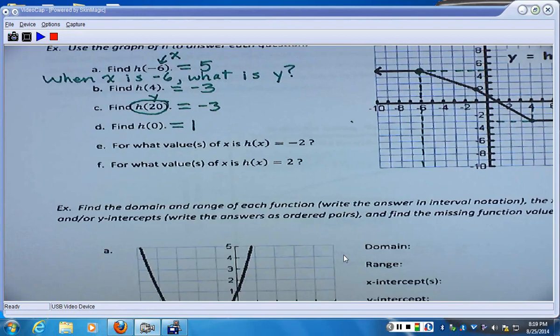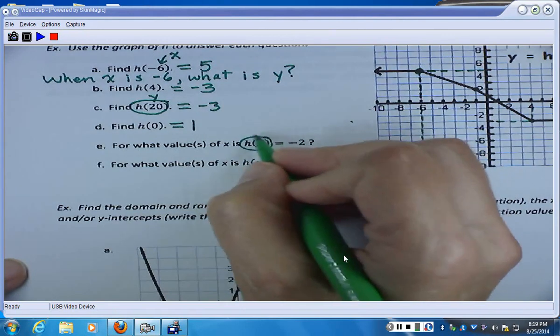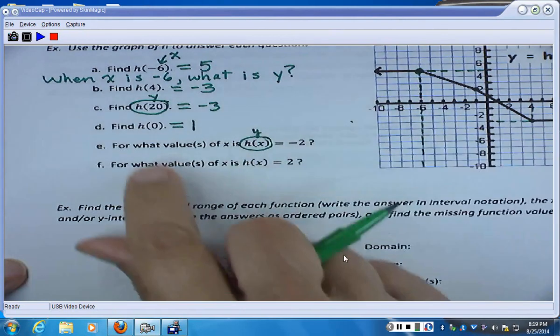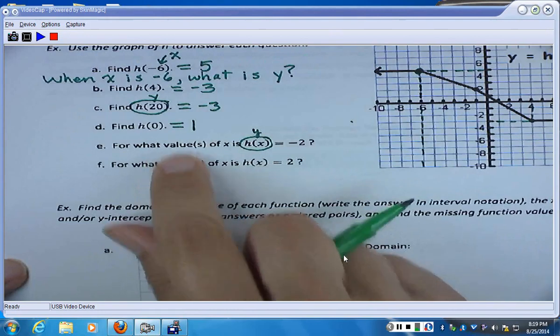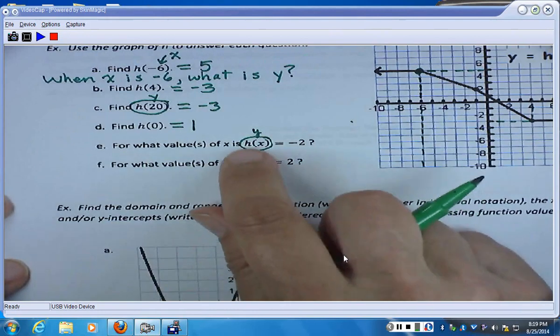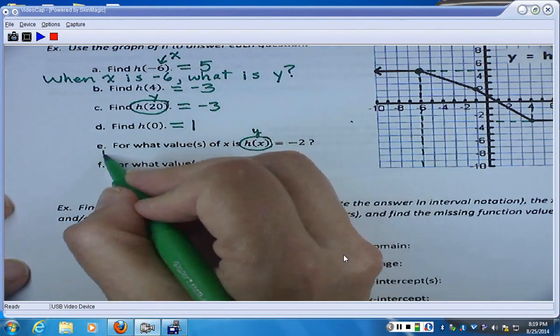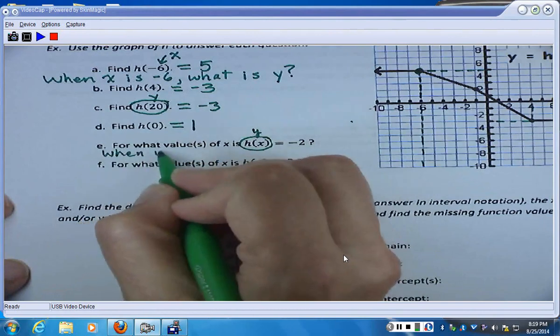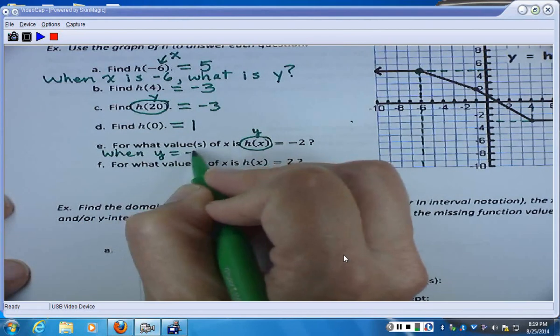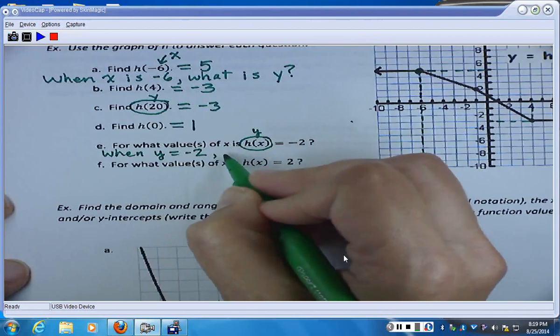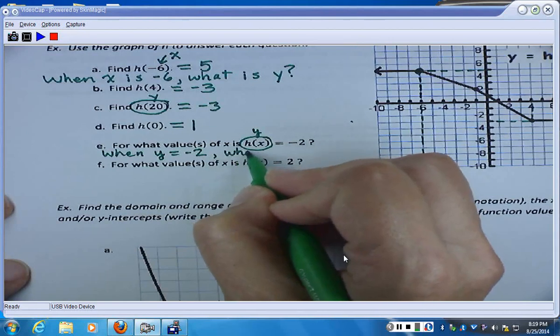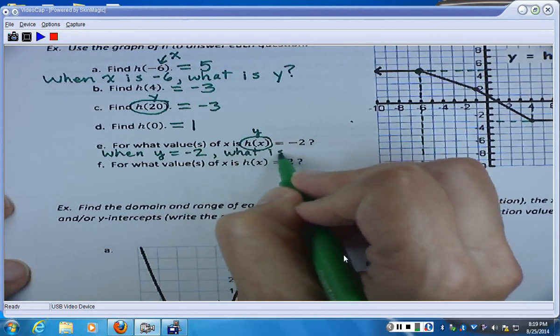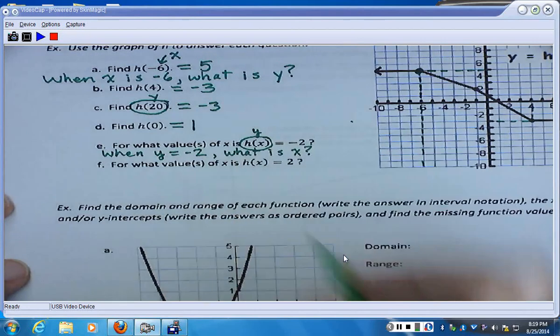All right, for what values of x is h of x equal to -2? So this is y. So the other way to write that is when y is -2, what is x? And it can be more than one answer. Okay?